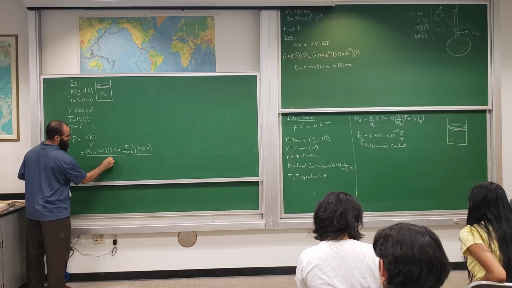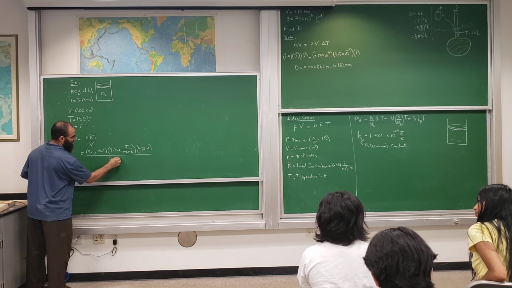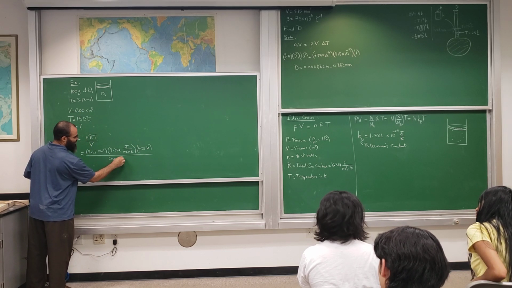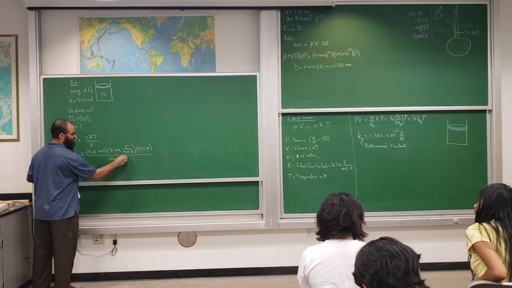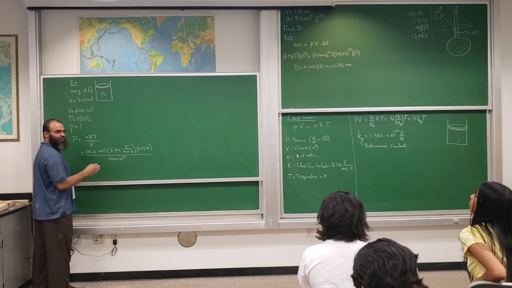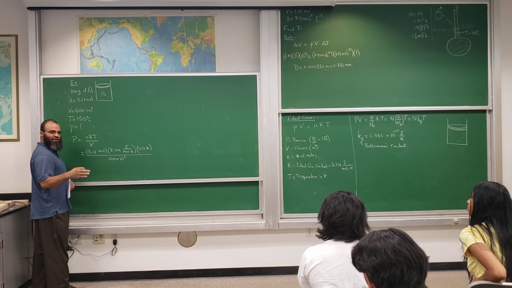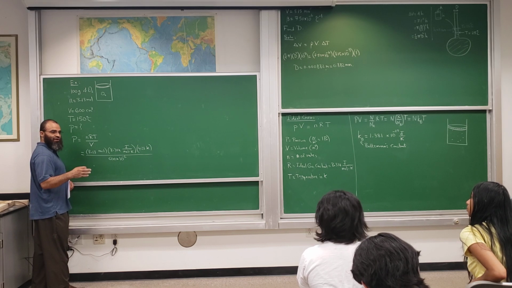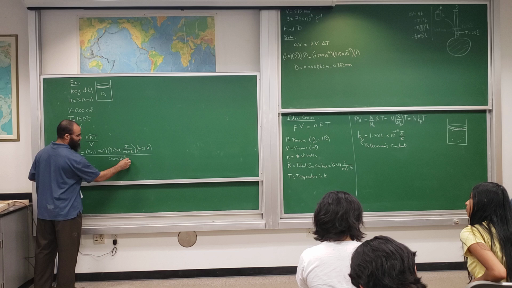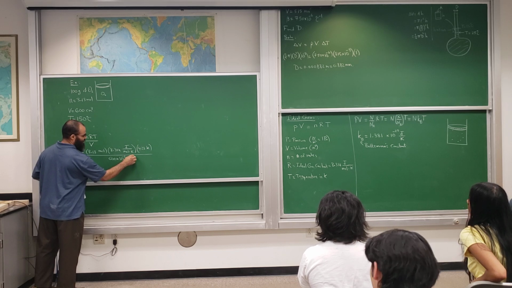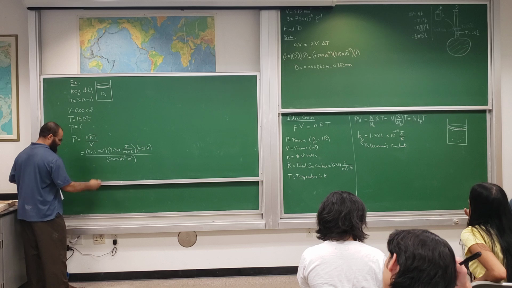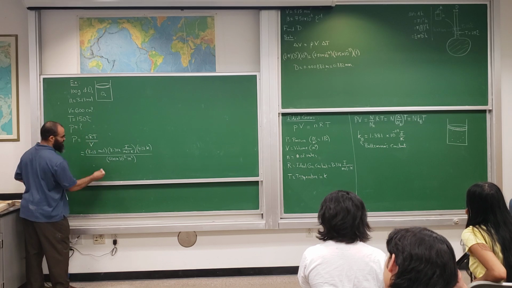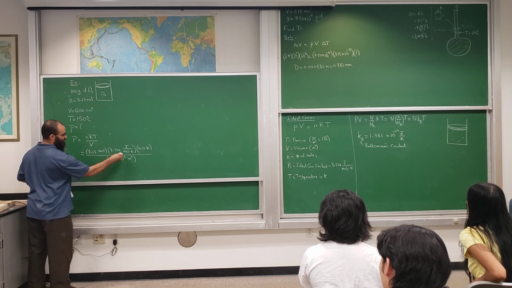But here I have 600 cubic centimeters, so 600 times 10 to what power to become cubic meters? -6. -6, yeah, you have to do it 3 times. A centimeter to a meter you divide by 100, but you have to divide by 100 3 times, so that's 10 to the -6 cubic meters. And so, let's just show that the units would be what we expect them to be.